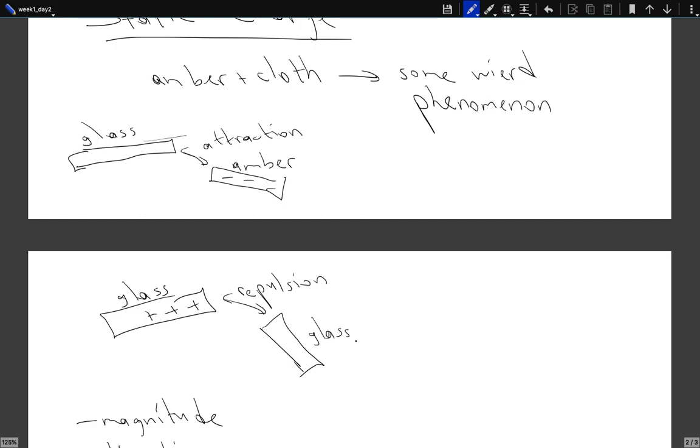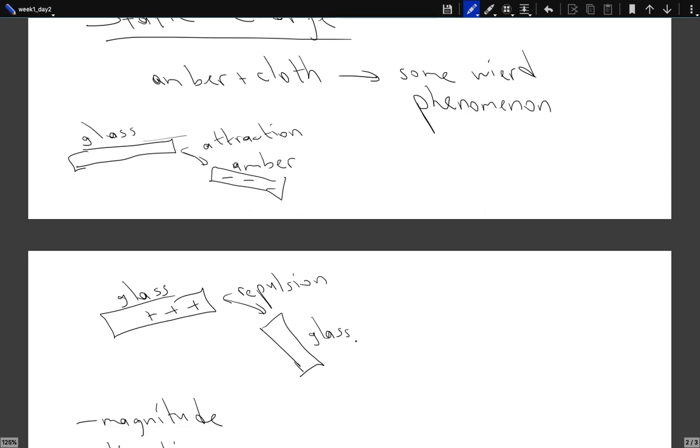When you rub them one onto the other one, it might happen that, well, the nuclei are quite heavy. They are most of the time fixed where they are. But the electrons have more freedom. They are already moving very fast inside your materials. So what happens is when you rub them on each other, some of the electrons will be transferred from one material to the other one.